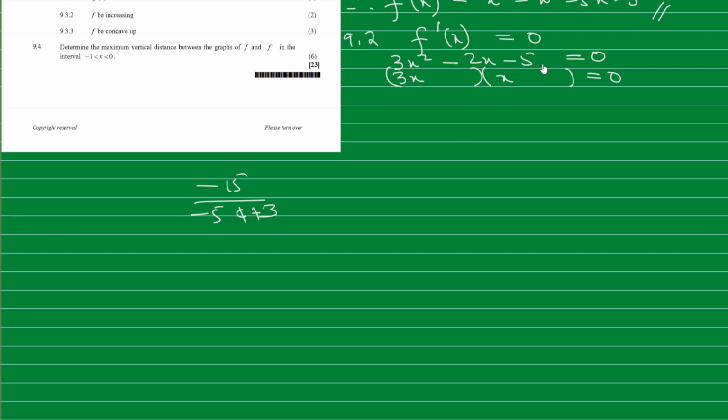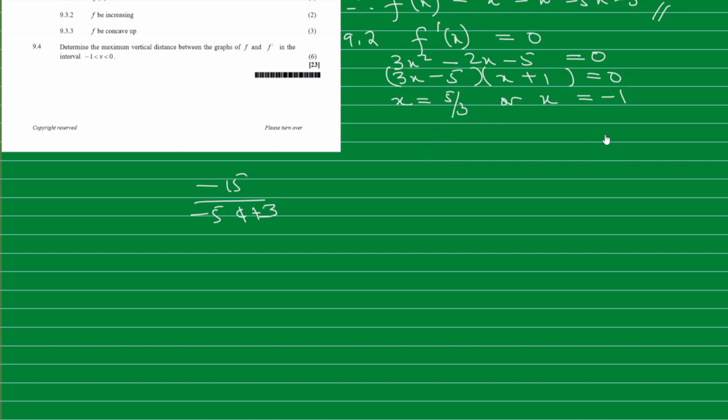Divided by 3, that gives a positive 1 here and negative 5 over here. So we get x equals 5 over 3, or x is equal to negative 1.